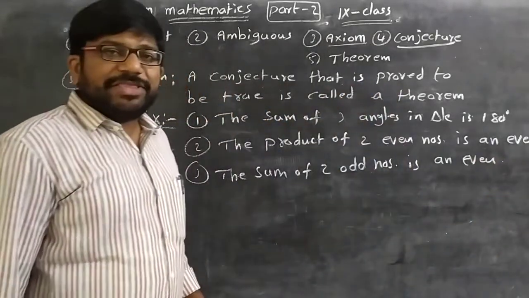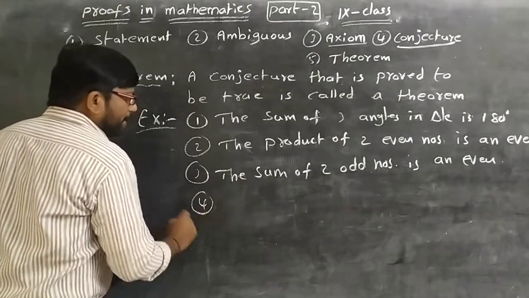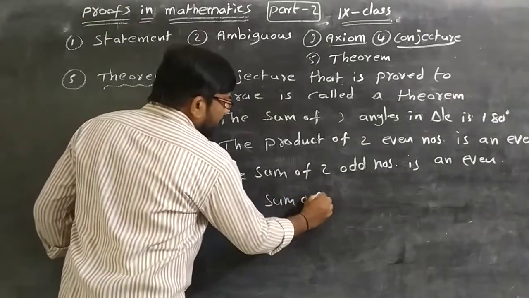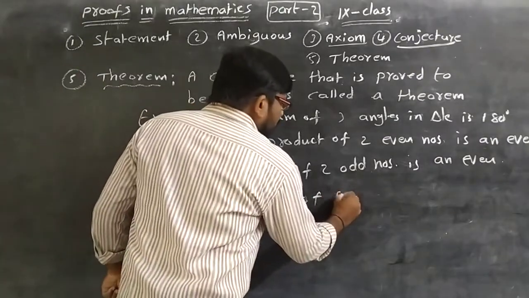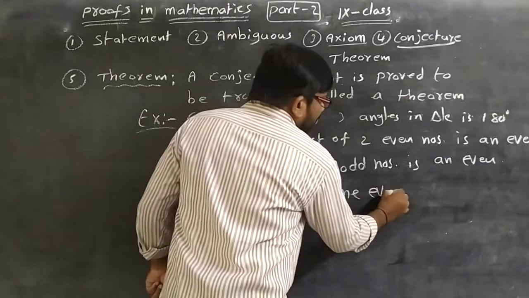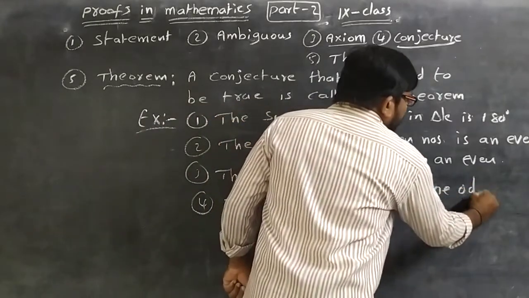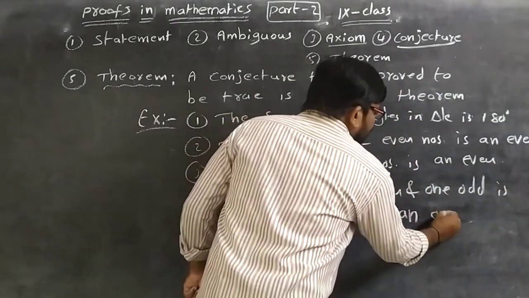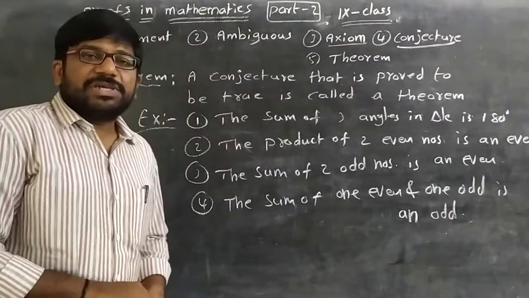It is also a theorem. We can prove this. And the fourth example, the sum of one even and one odd number is an odd number, right? So these are the theorems, right?